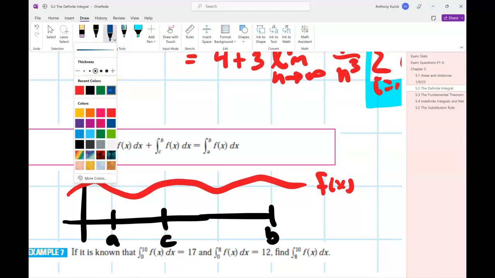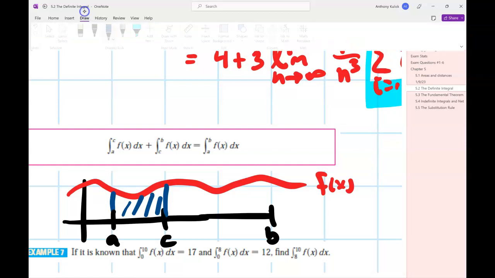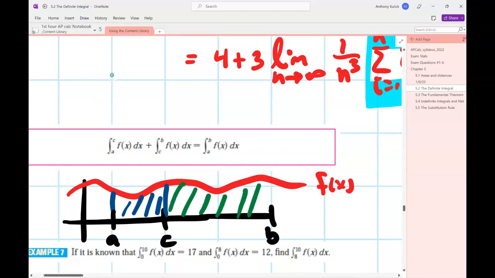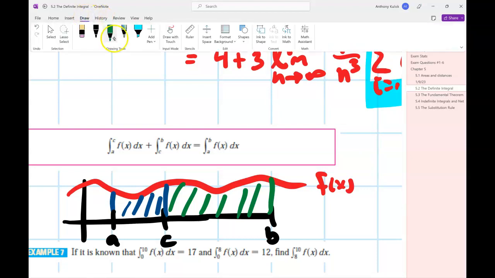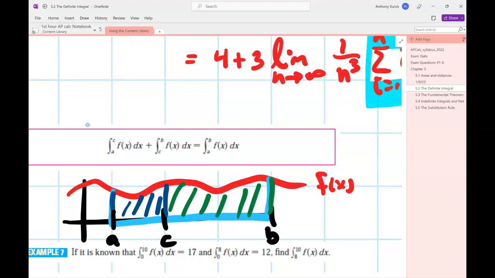If I'm talking about this integral plus this integral, that's the same as just that integral, right? Nobody's shocked at that. Once you draw the picture, it's like, yeah, of course it's got to work that way.